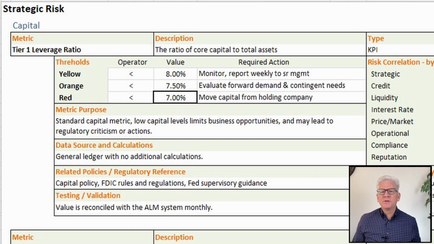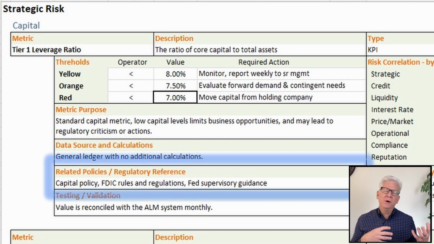Next, we want to capture any reference to policies or regulatory requirements that relate to this metric, and specifically any particular threshold values. This helps create connecting points to not only further understand why this metric matters, but also what thresholds should be monitored and any policy-driven management actions.